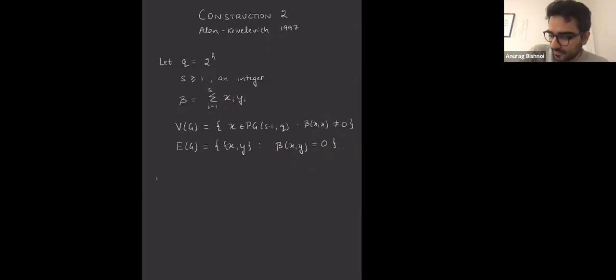And that follows from the following observation. So if x belongs to x perp, so if x is isotropic, then you have the following condition.